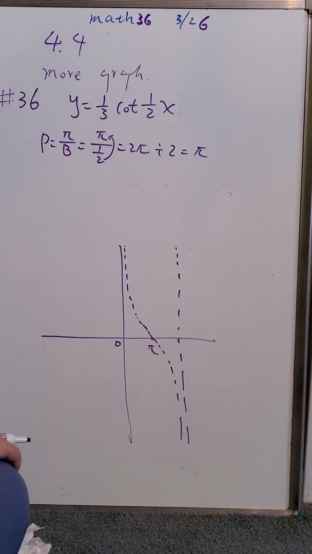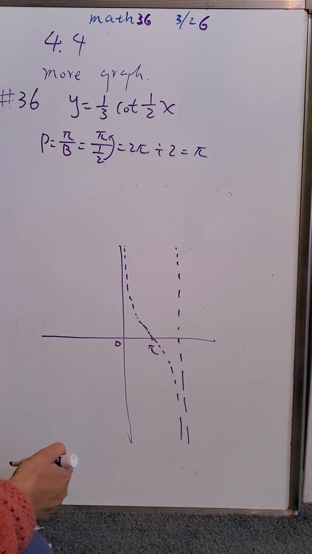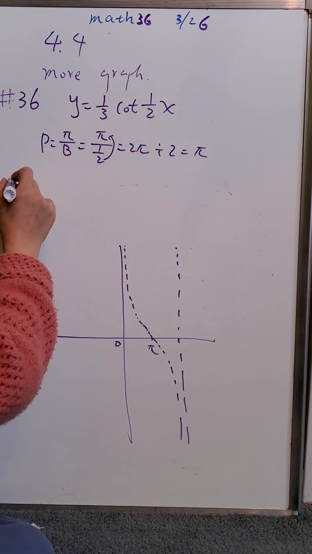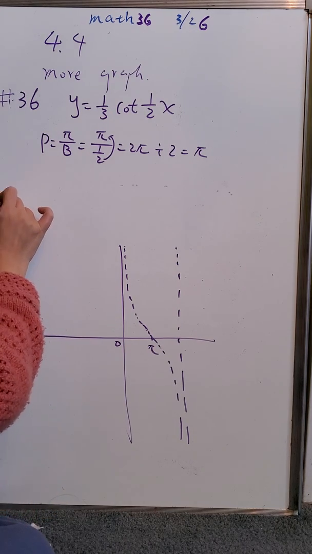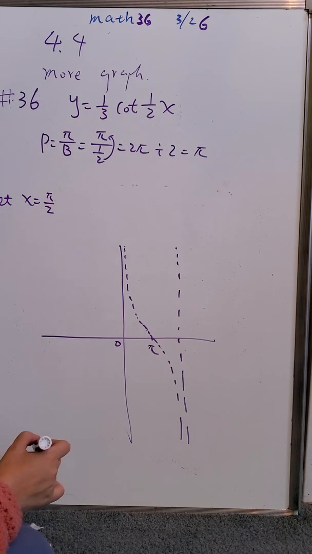How to use the 1/3? You need to pick a number for your x. I'm going to pick a number that's easier. So I'm going to let x equal pi over 2. Why do I want to do that?